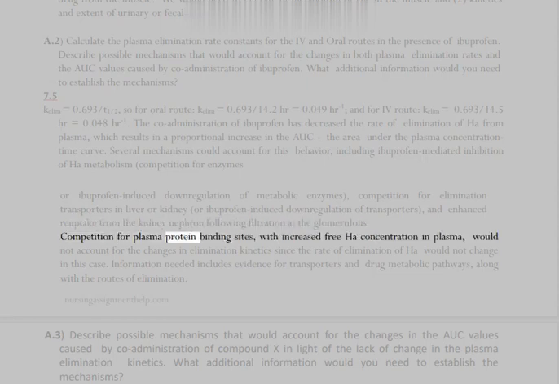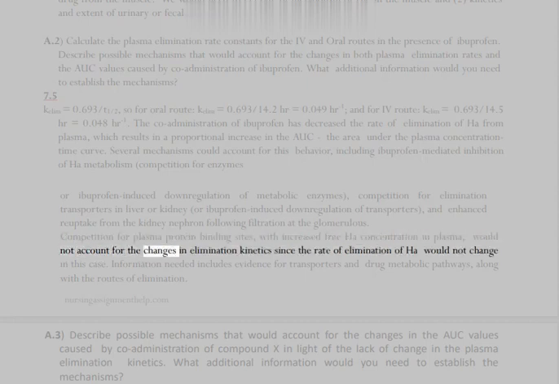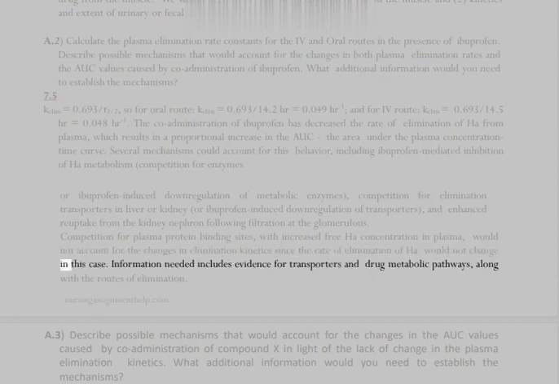Competition for plasma protein binding sites, with increased free HA concentration in plasma, would not account for the changes in elimination kinetics since the rate of elimination of HA would not change in this case. Information needed includes evidence for transporters and drug metabolic pathways, along with the routes of elimination.